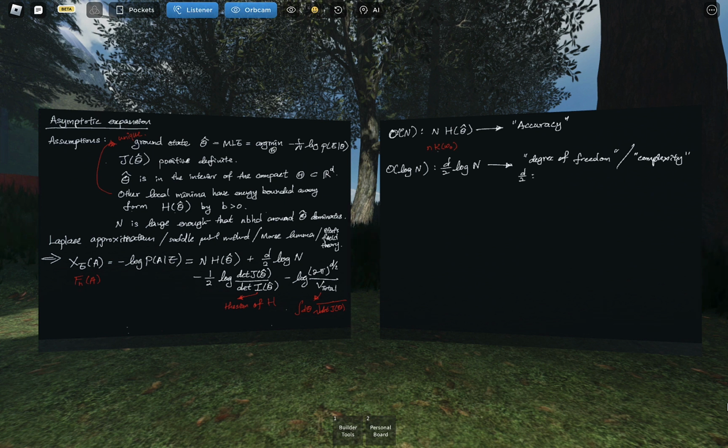Well, this d over 2 comes from, in the analogy to statistical physics, the asymptotic equipartition theorem, and that's kind of an elementary statistical mechanics theorem that says that every degree of freedom contributes around half times the temperature.